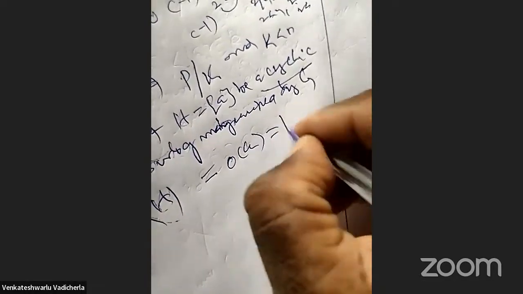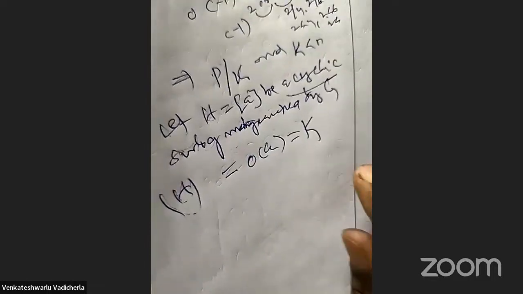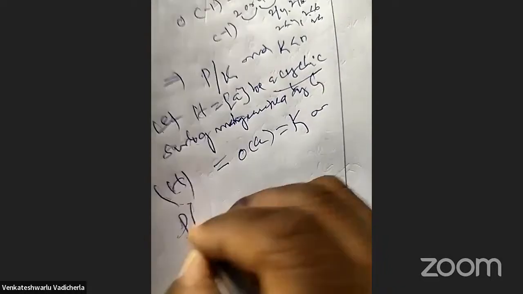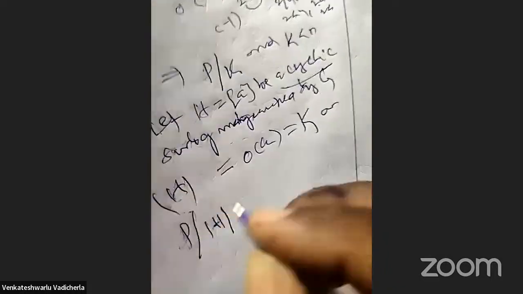The order of A is equal to K, which I already took. So the order of H is K, and P divides the group order of H. So P divides the order of H, and the order of H is equal to K, which is less than N.